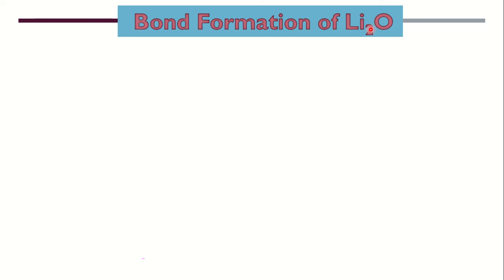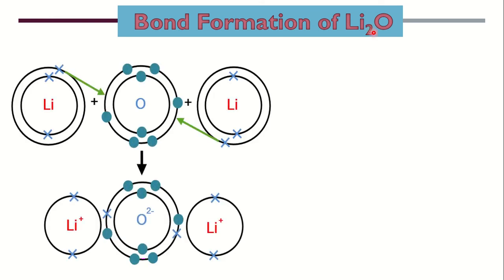Now look, bond formation of lithium oxide, Li2O. Look, lithium's electronic configuration is 2,1. So, lithium releases 1 electron from its outer shell and oxygen needs 2 electrons. So, where will the other electron come from? 2 lithium atoms will release 2 electrons and these 2 electrons are accepted by 1 oxygen atom.